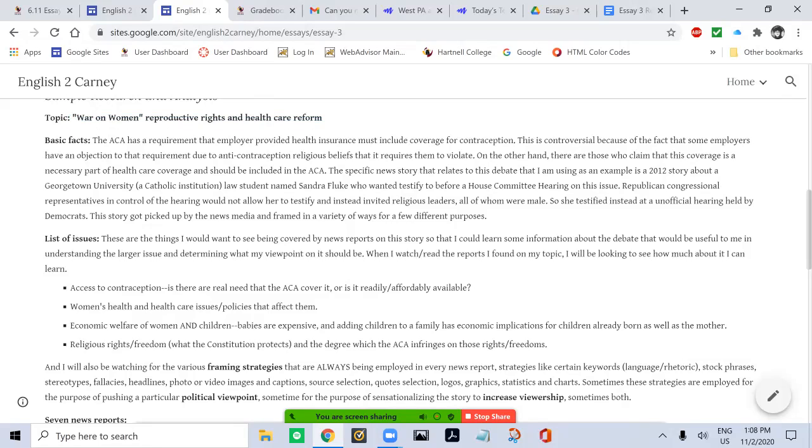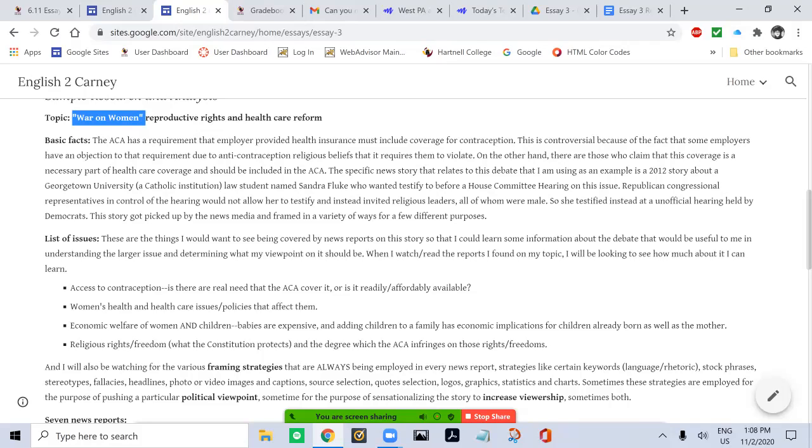But this title right here is itself framing. This is a way of presenting those issues, the legislation being passed at the state and federal level intended to restrict a woman's access to reproductive health care, like contraception.